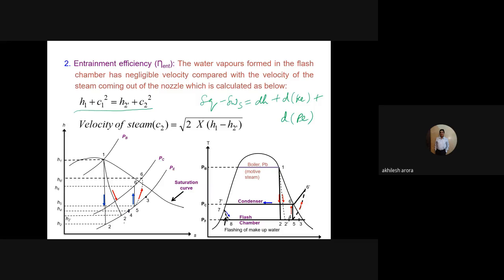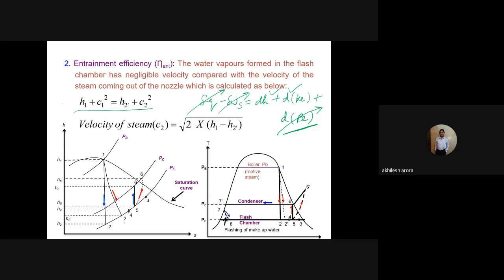If it is a nozzle, we consider it adiabatic, so there is no heat transfer. In a nozzle there is no shaft, so no work, and we are left with the enthalpy change and kinetic energy change. We neglect the change in potential energy, so we are left with only two terms.